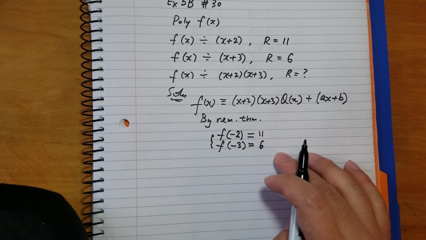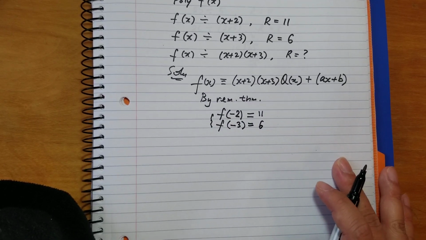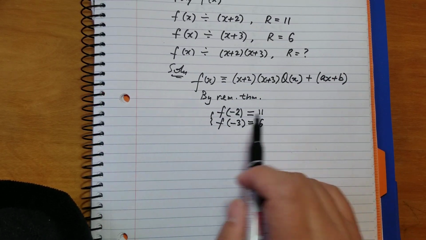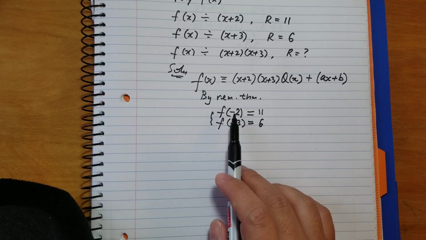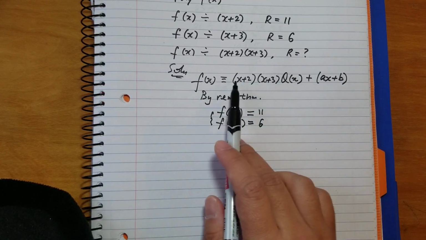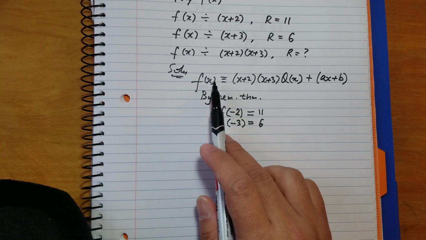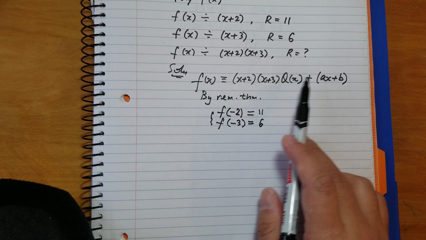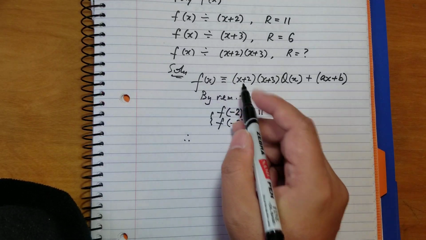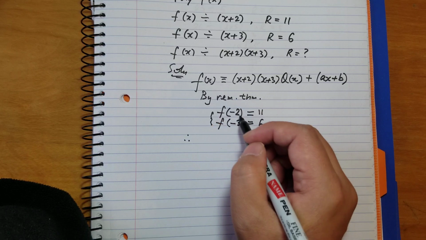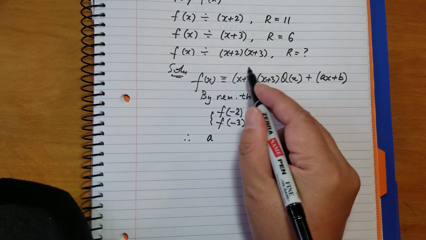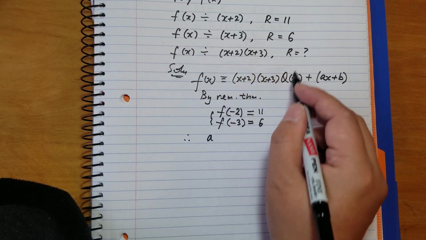So we have generated two equations, and then how to use this information? When we put x equal to negative 2, f(x) equals 11. You put x equal to negative 2 into the equation here, so we have 0 here, and nothing to do with this term.